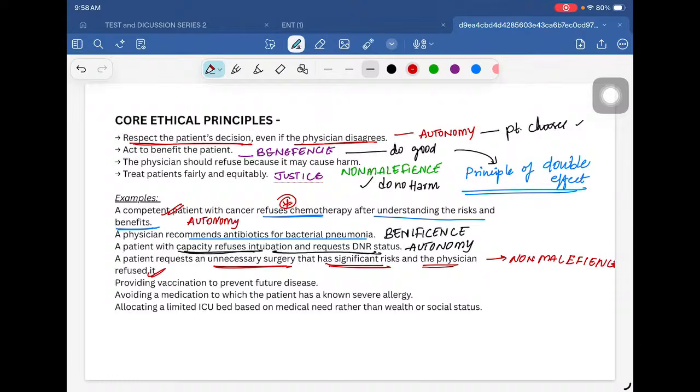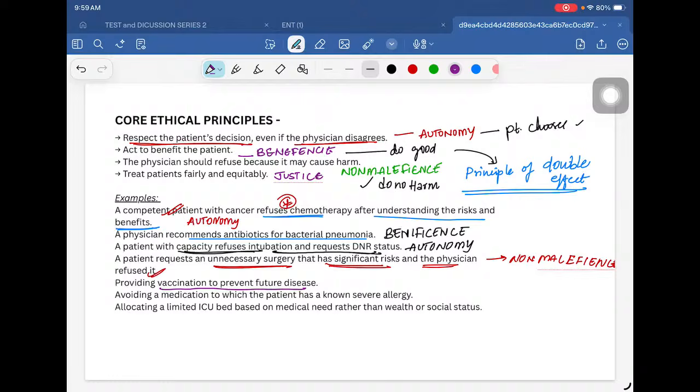Good job, everyone. Then we have providing vaccination to prevent a future disease. Which core ethical principle is this following? Which level of prevention?